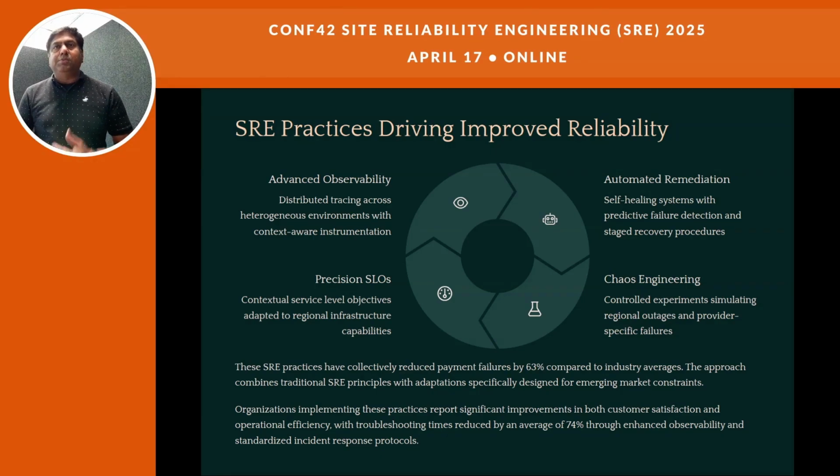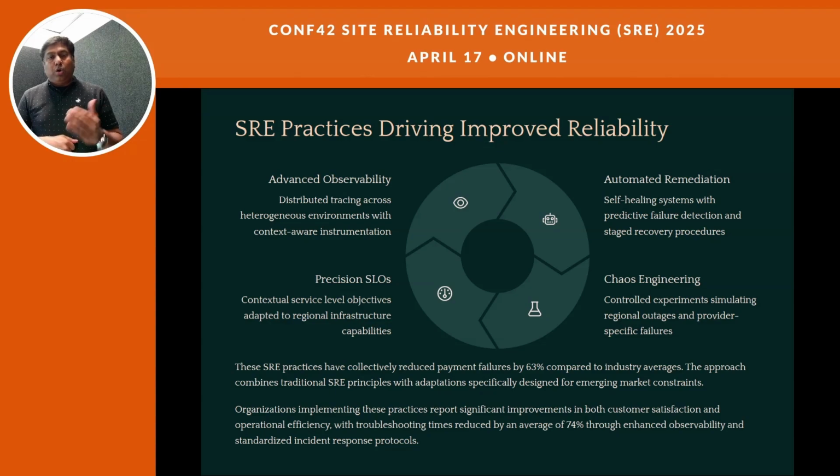All of these concepts are very important for reliability, like we were talking about in the previous slides, where there are several other infrastructure situations that we'll have to take care of. Now, advanced observability and distributed tracing across all the services help pinpoint issues in complex heterogeneous environments. Those things are very important in this aspect.